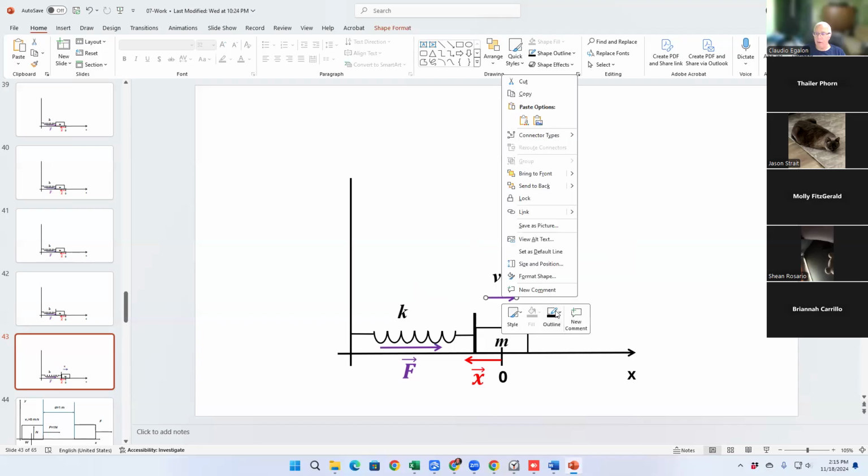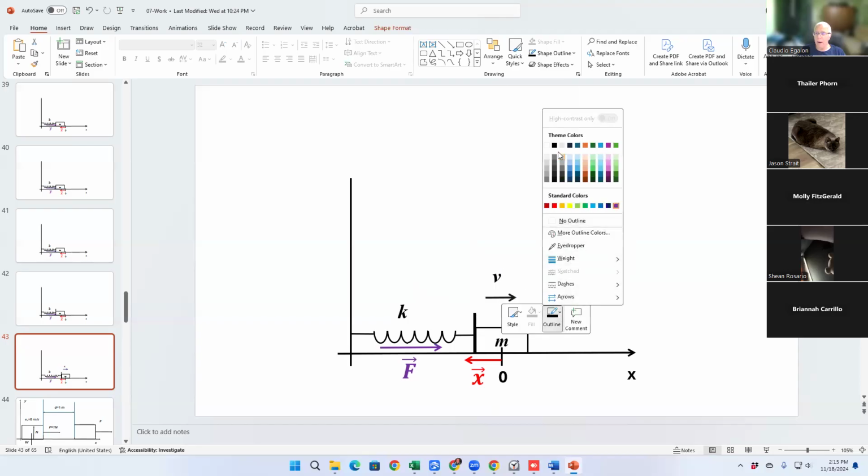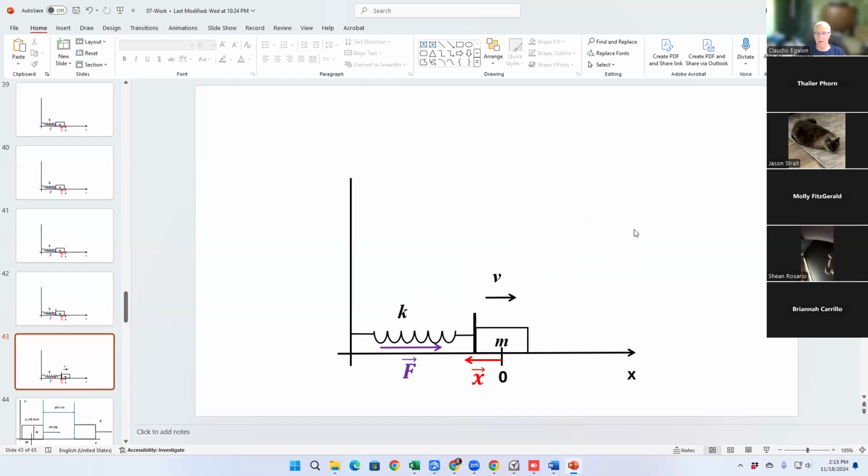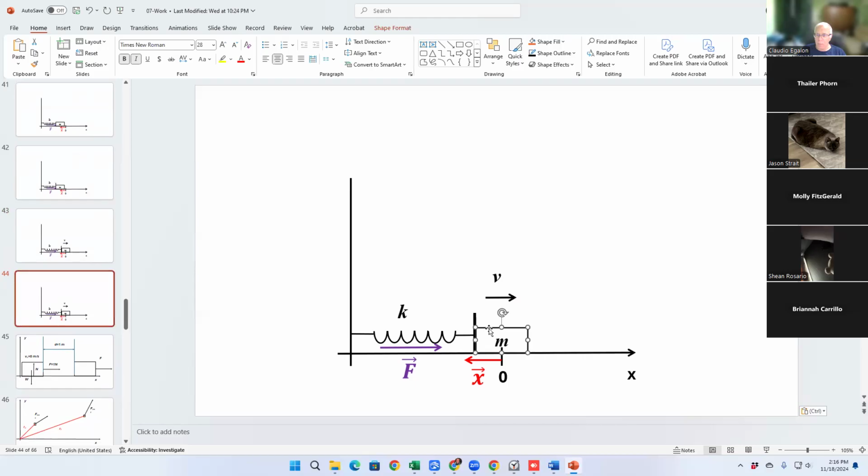I'm going to put it in black color. And the mass is going to lose contact with the plate, and it's going to keep on moving to the right.